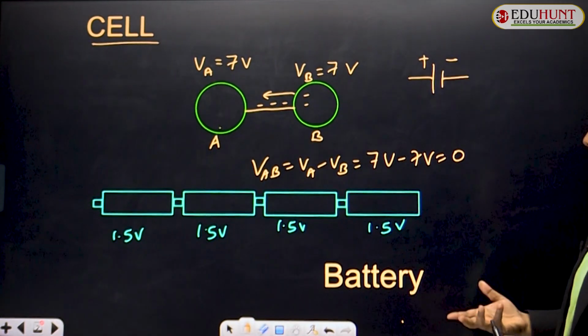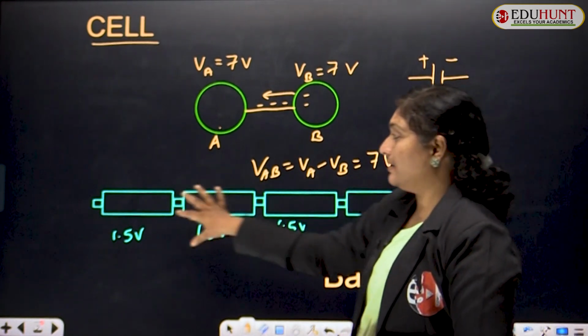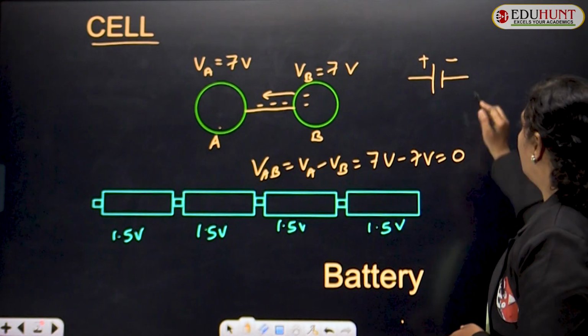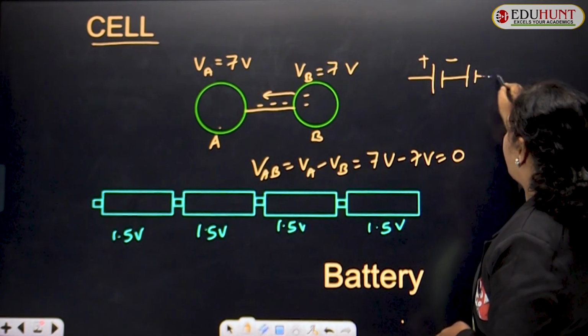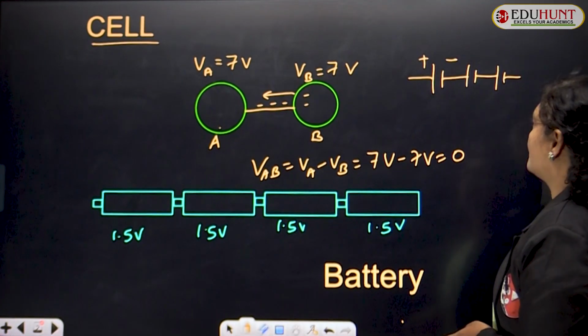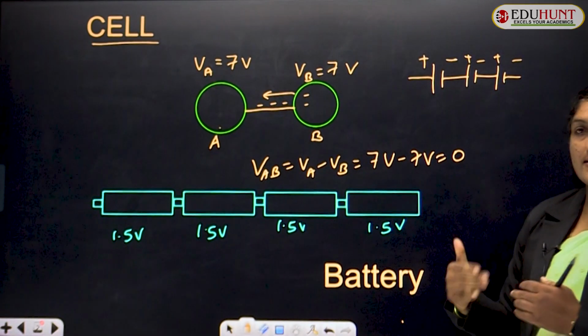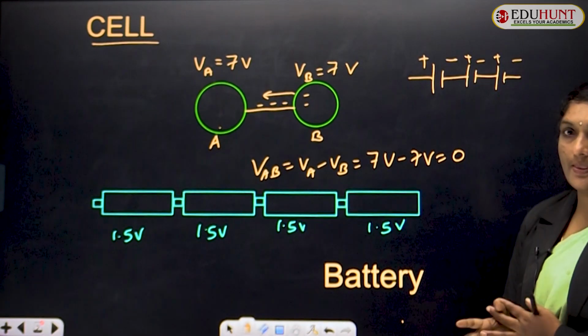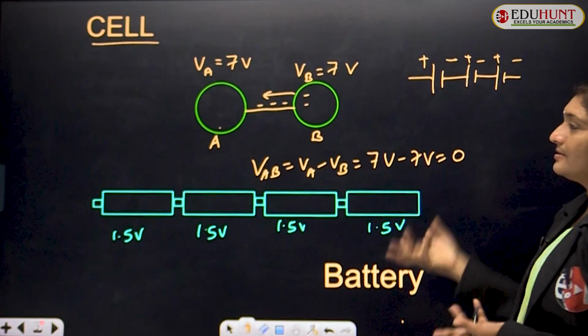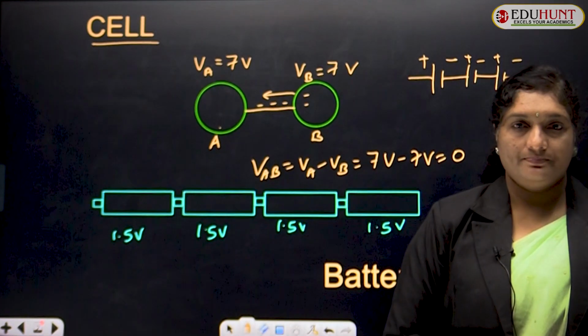So if you would like to connect a large number of cells, one cell, second cell, third cell, and so on and so forth, these cells, if they are connected in series, something like this. Okay. So this together is called your battery.